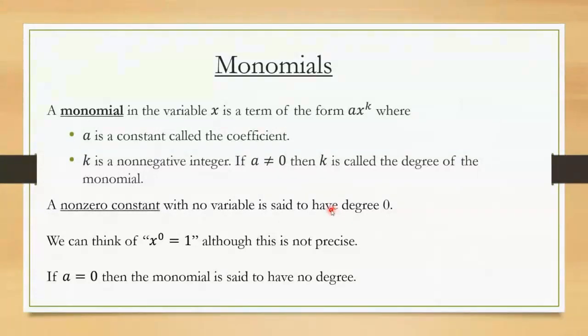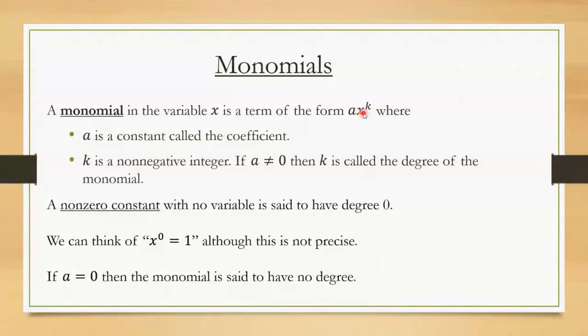A monomial is a term of this form, a times x to the k, and again, we're working in the variable x. The a here is the coefficient. A is a constant, a fixed number: 1, 2, 50, a billion, whatever, but a fixed number.